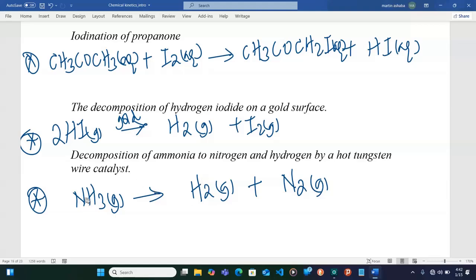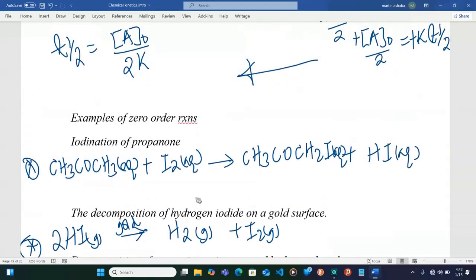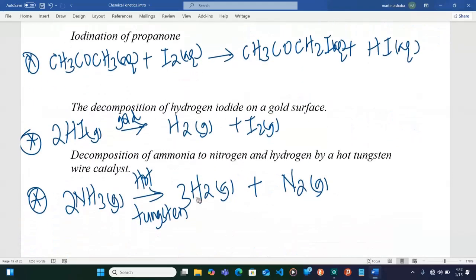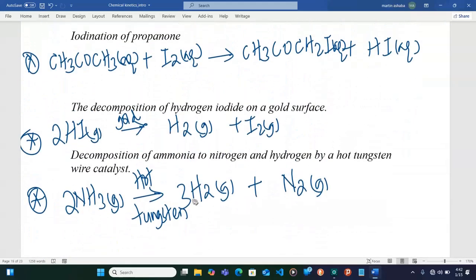So we shall just do a balancing. We put the 3 here. Remember, this is in the presence of hot tungsten as a catalyst. So these are the examples in which we have zero order reaction, and you can master them, and whenever a question comes, you should be able to answer that.